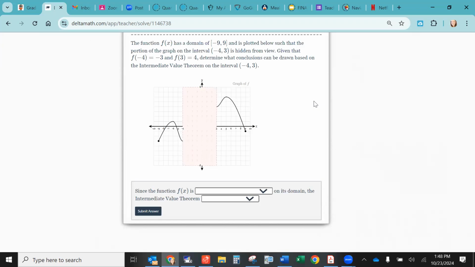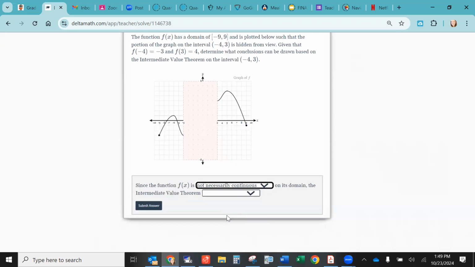Okay, does it tell you it's continuous? Read in the paragraph. Because we're missing a big chunk of it, so we don't know it's continuous unless it says it. Does it tell you it's continuous? Yes or no? No. Then in the first drop-down menu, you're gonna say, since the function is not necessarily continuous.